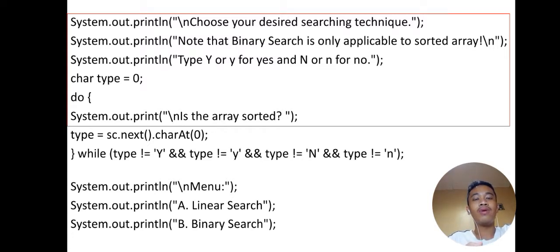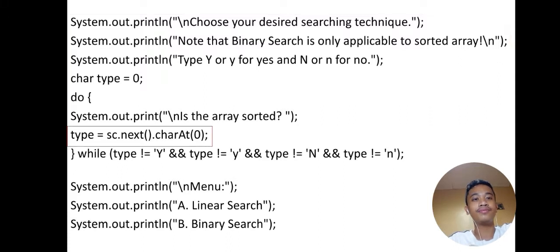So next we have our do-while statement right here. Under it, it will print "Is the array sorted?" So it will ask the user if the array he or she input is sorted or not. So next, type is equal to sc.next().charAt(0). So this means 0 right here is index 0.